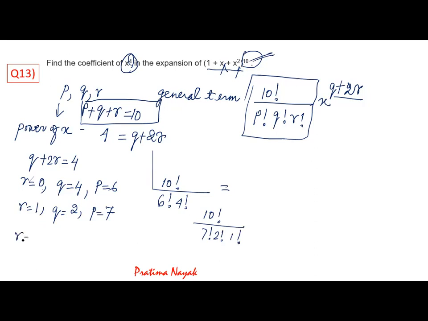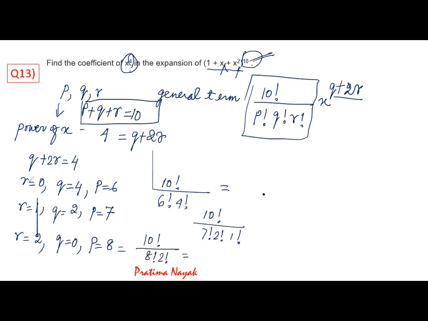Next option is r is equal to 2. Then q is equal to 0. Then what will p be? p is equal to 8. So you will start from r 0 to q 0. No more options possible. So here you are getting 10 factorial by 8 factorial into 2 factorial.